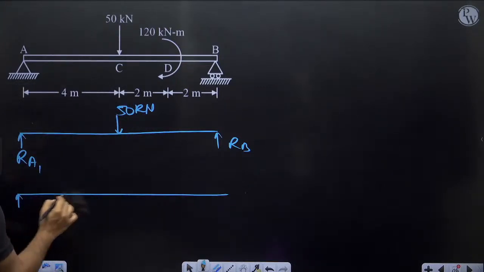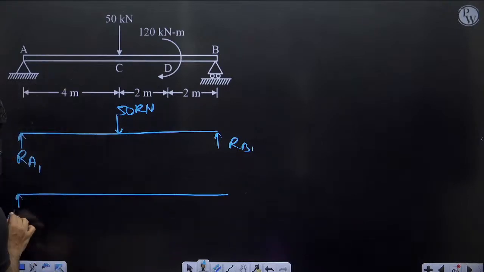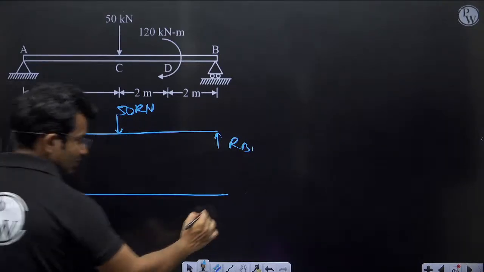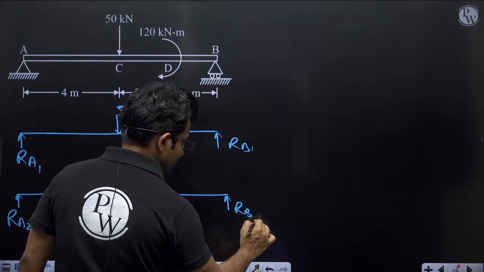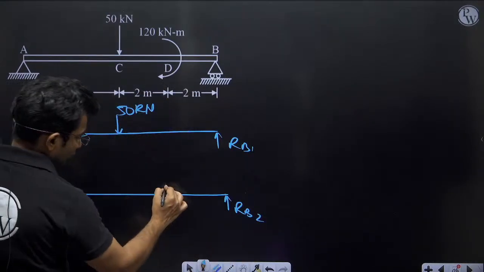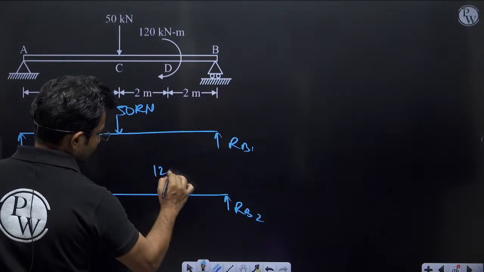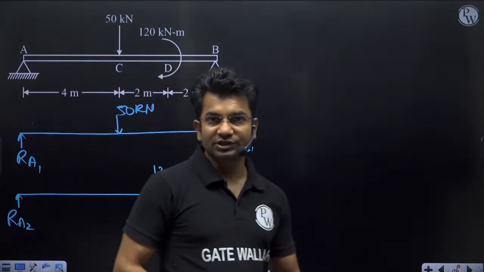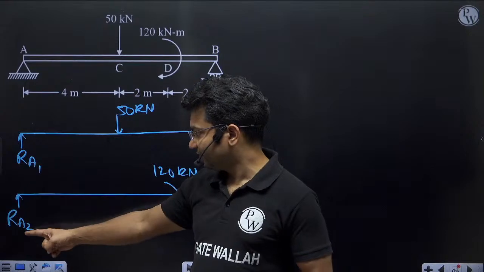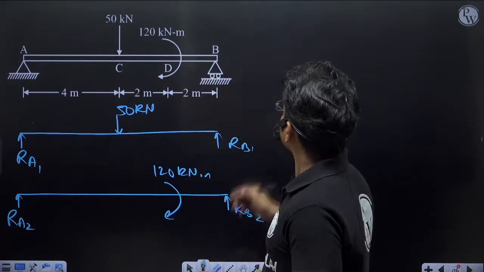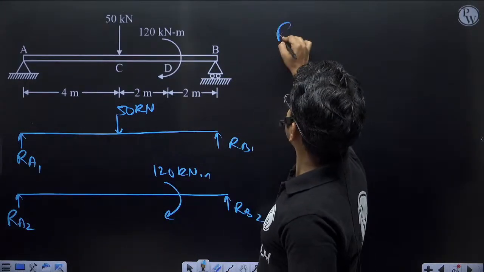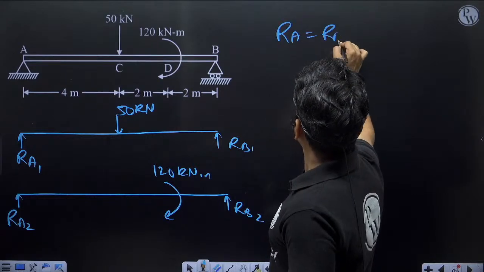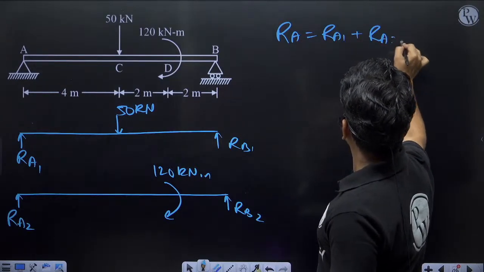Let us say RA1, RB1, RA2 and RB2. Because of this 120 kilonewton meter, I can calculate separately, and then by the principle of superposition, I can add both RA1 and RA2 to get RA. So RA will be equal to RA1 plus RA2.